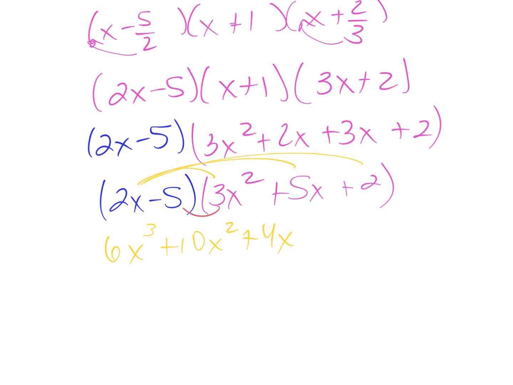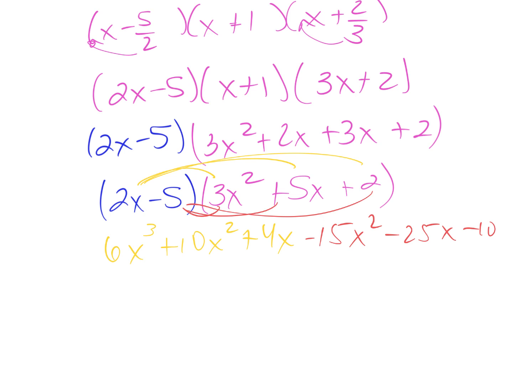Negative 5 and 3x squared is negative 15x squared. Negative 5 and 5x gives me minus 25x. And negative 5 and 2 gives me minus 10. All right, so what should my answer start off with?